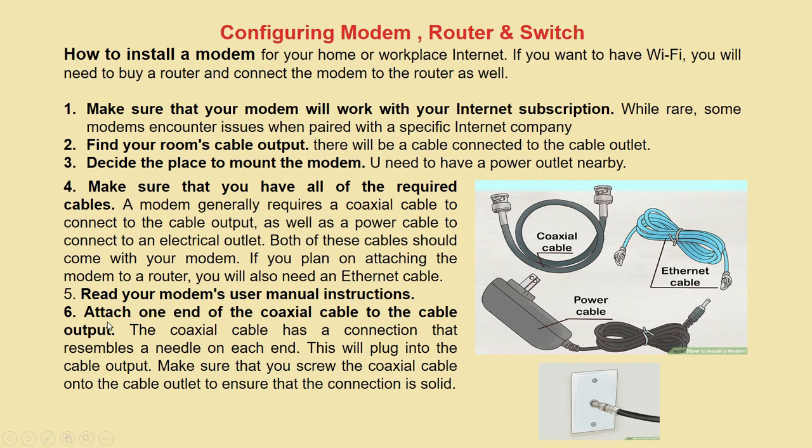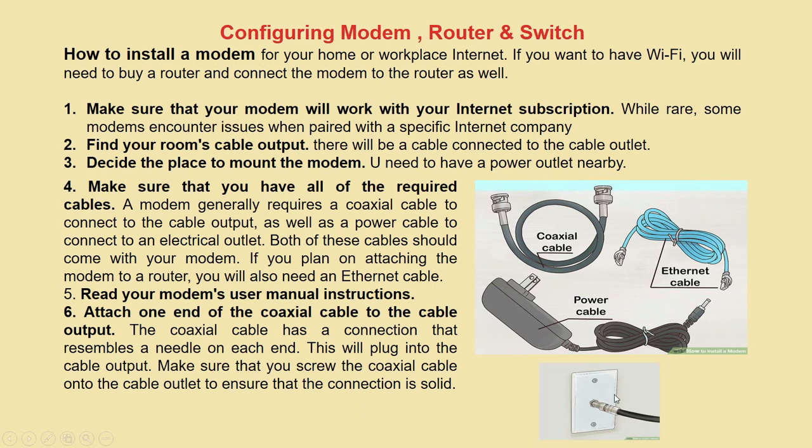Okay. Attach one end of the coaxial cable to the cable outlet. The coaxial cable has a connector that resembles a needle on each end. This will plug into the cable outlet. Make sure that you screw the coaxial cable onto the cable outlet to ensure that the connection is solid. Okay, so here you have to fix it up.